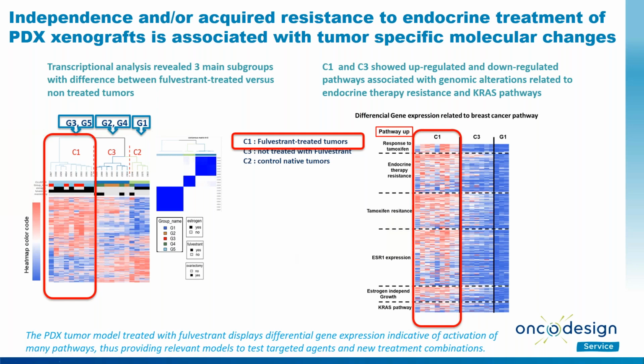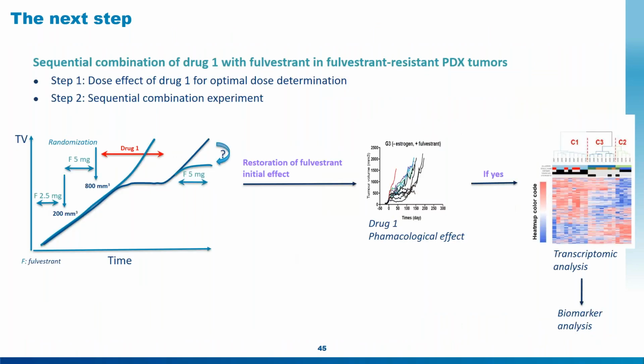So, based on these interesting results, we are now using this resistant model to try to position drug one in this type of resistant tumor in the clinic, and then treat the tumors with drug one and try to see if we can restore the sensitivity of the tumor to fulvestrant after the treatment with drug one.